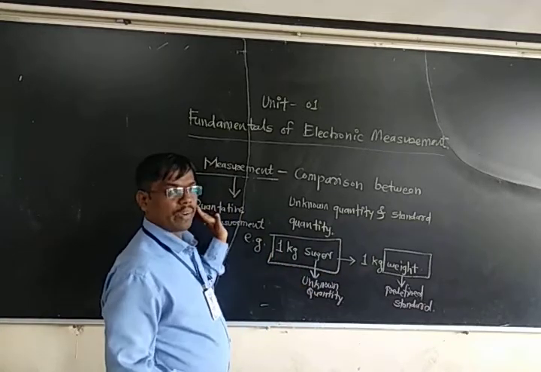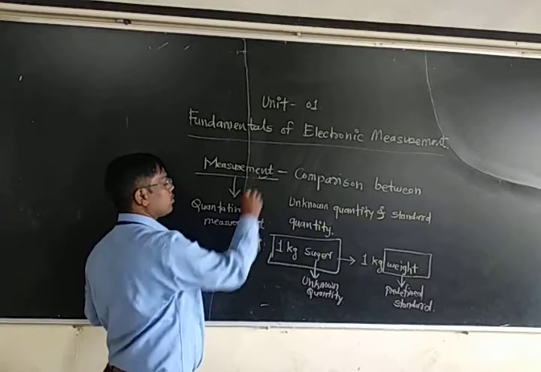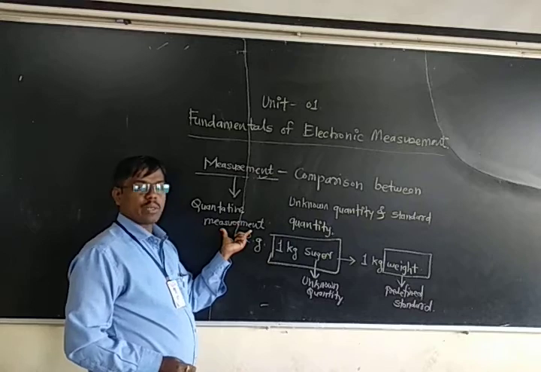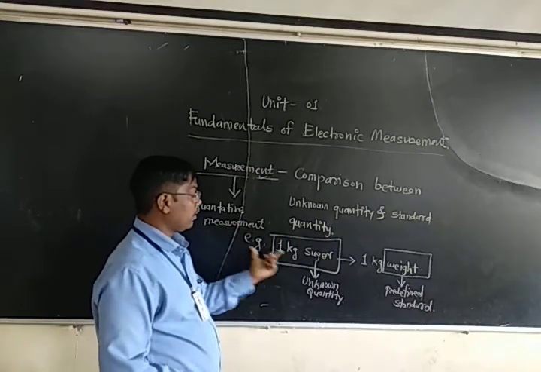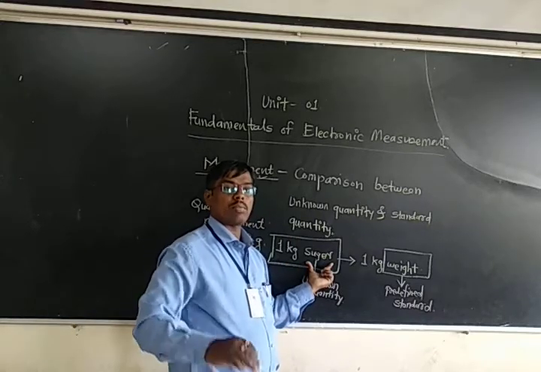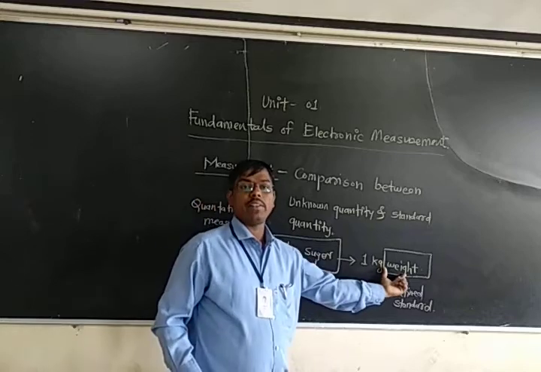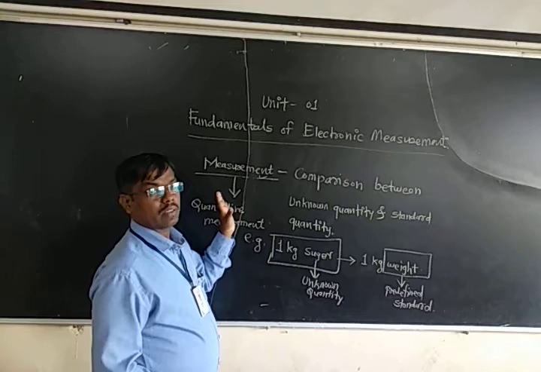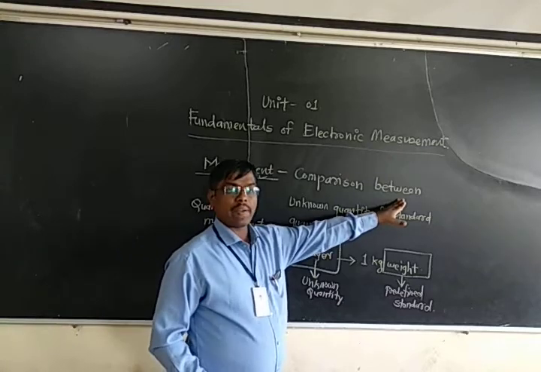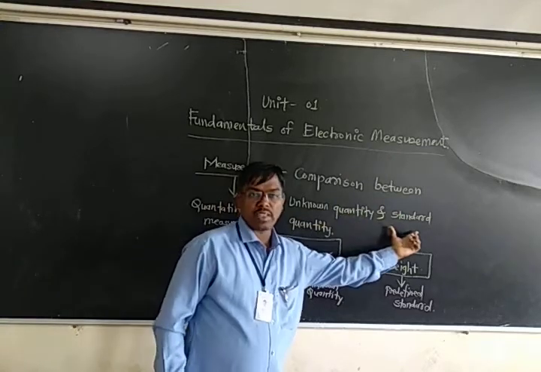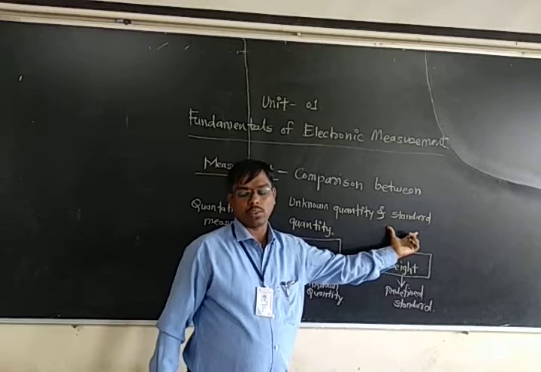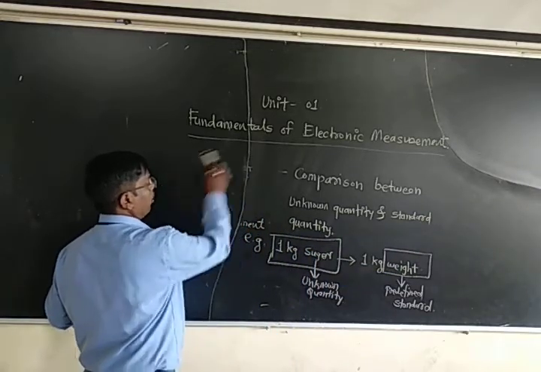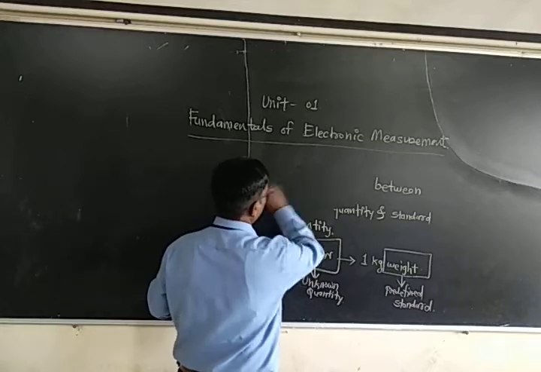So measurement is also a quantitative measurement: the sugar is compared with 1 kg of weight, and hence it is the comparison between the unknown quantity and the standard quantity of a particular material. So this is the first concept. I hope you understand that.